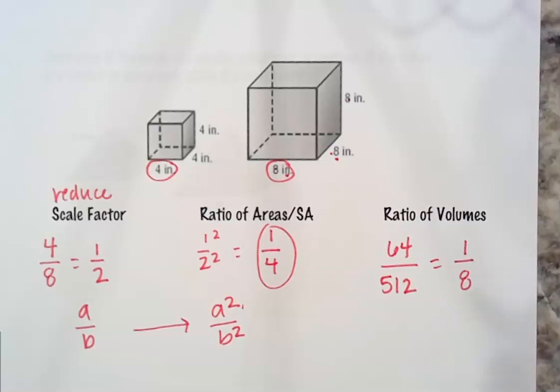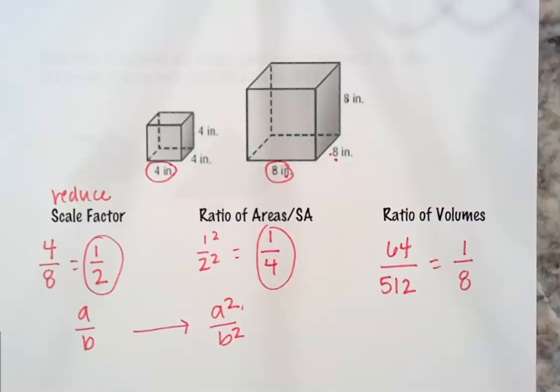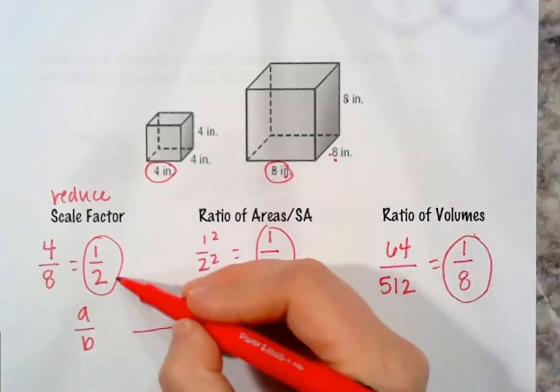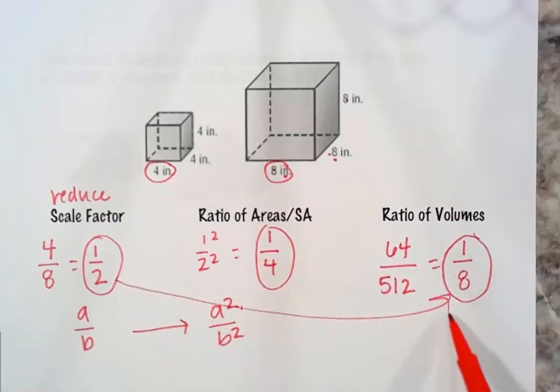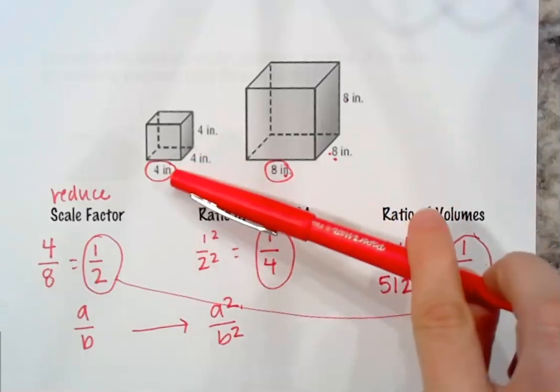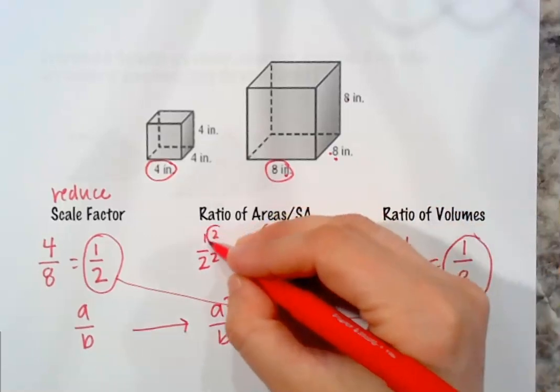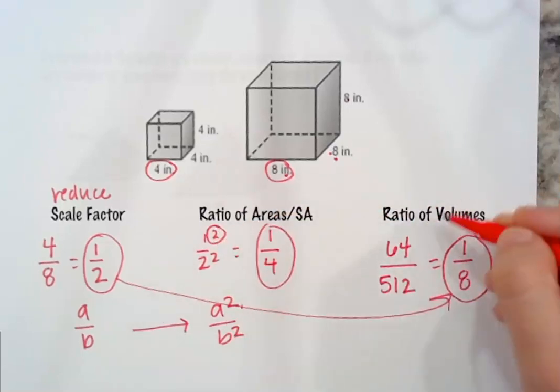So now, the question I ask you is, what can we do to our scale factor, 1/2, to get to 1/8, the ratio of our volumes? How can I go from here and jump to here? Well, let's think about this. Your scale factor is linear, so you don't do anything to your units. Your area unit is squared, hence why we squared it. And what is your unit of volume?